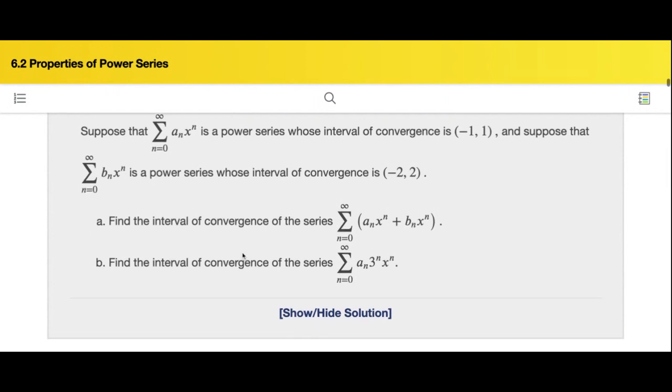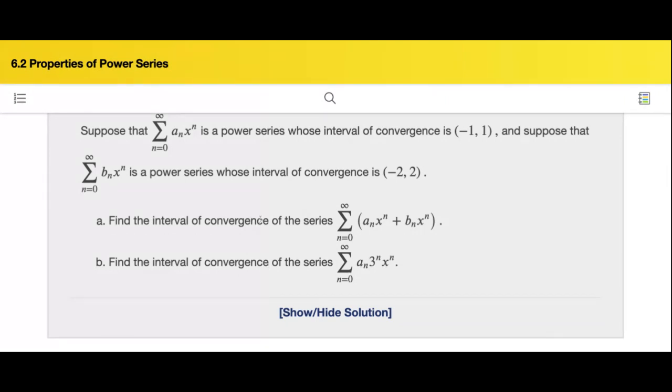So B, find the interval of convergence of the series of a_n 3^n x^n. What happens to this? Before it was x^n, now the x changed to be 3x, right? This is just the composition part.